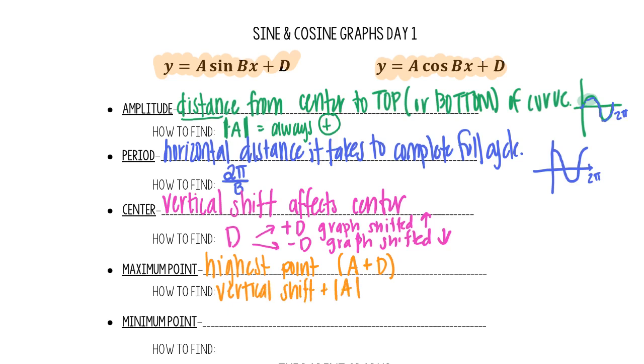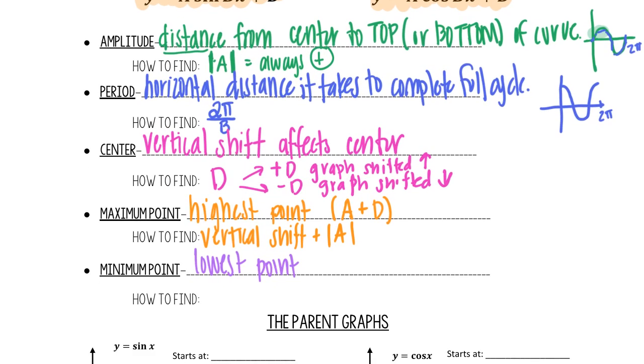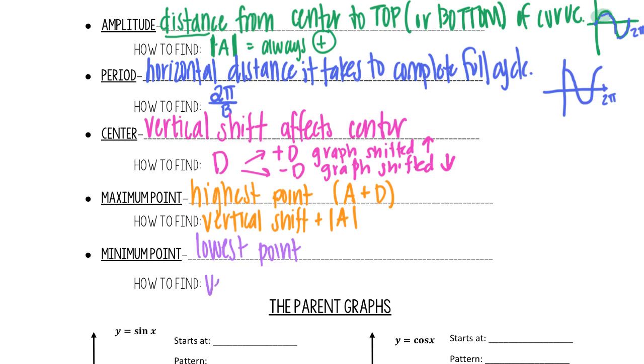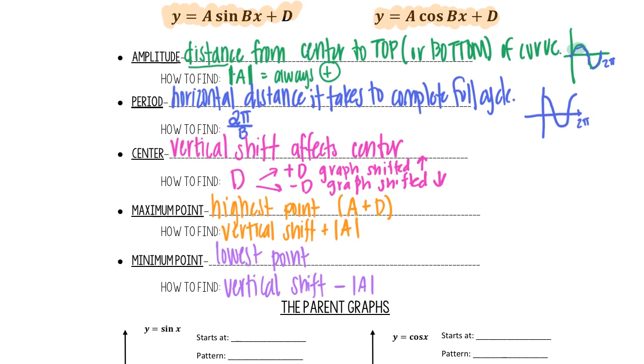Remember that amplitude is the absolute value of A. The minimum point is very similar. It is the lowest point. And to find it, you take the vertical shift and subtract the amplitude.